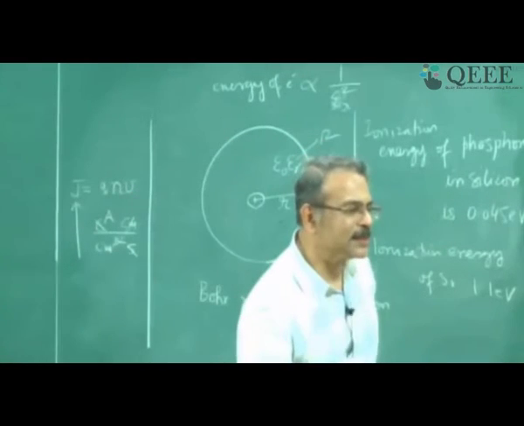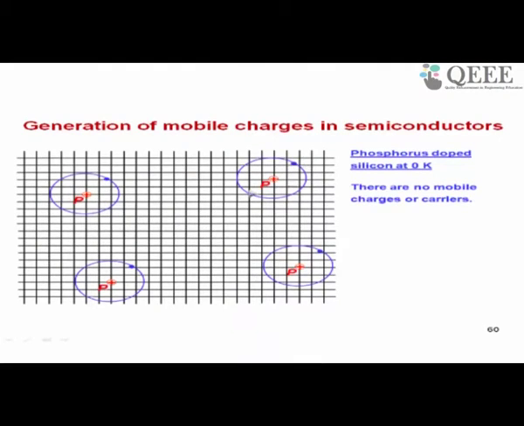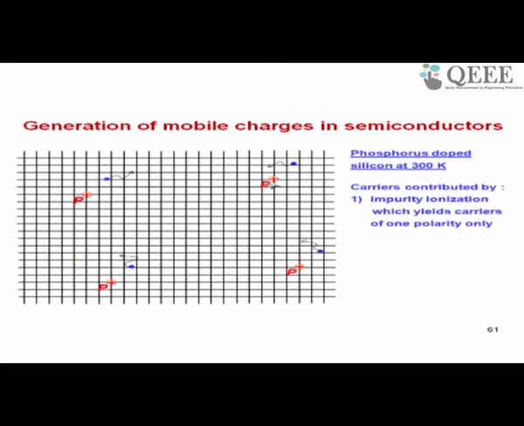So you see the bond is very weak. The bond of this electron to the phosphorus atom is very, very weak as compared to the bond of one silicon to another silicon, and therefore when you raise the temperature, at 300 K, all the impurities will become ionized. So you can see that the circle is gone. The circle was representing a bond, but now the electron has become free, therefore the circle has vanished.